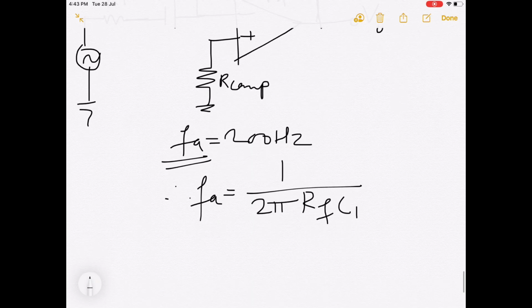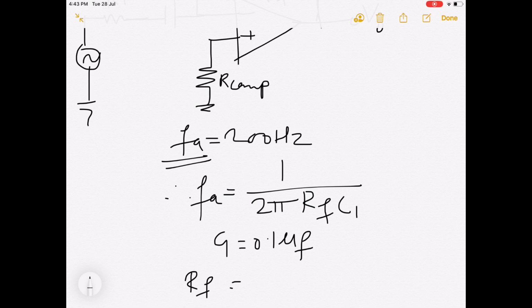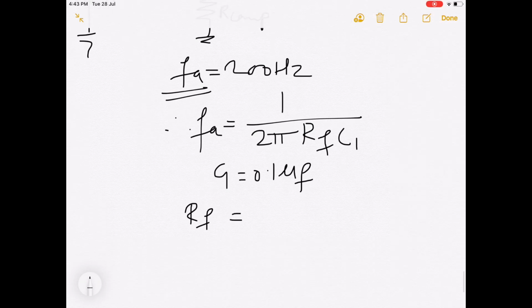Assume C1 is 0.1 microfarad, put the values and calculate RF. So, RF will be 7.95 kilo ohms. One component you get from this.